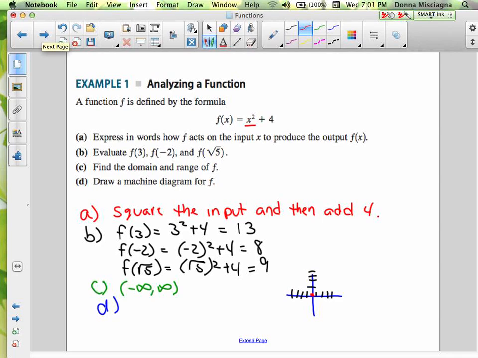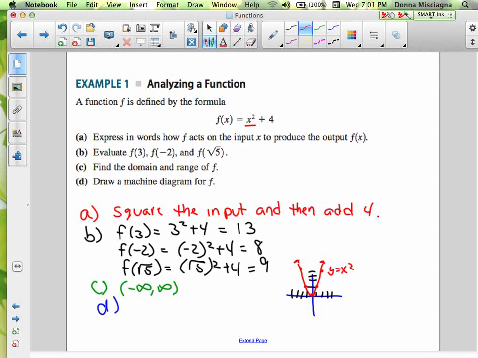And f of x equals x squared, if I square 0, I get 0. If I square 1 or negative 1, I get 1. If I square 2 or negative 2, I get 4. So this is the equation y equals x squared.